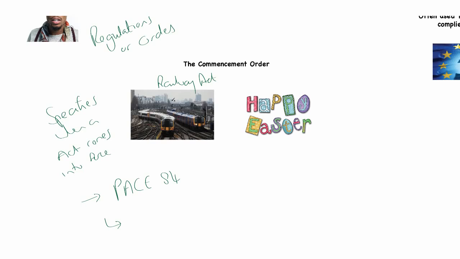So different sections of the Enabling Act might be brought into being by the commencement order, the statutory instrument. A good example of this is the Town and Country Planning Act 1971, and that had 75 commencement orders.